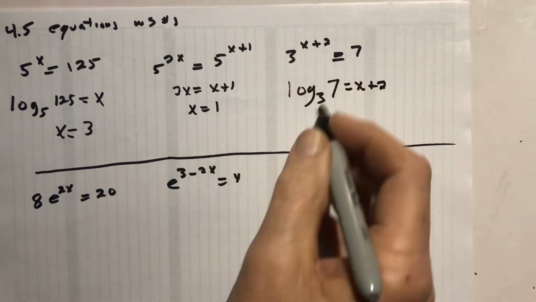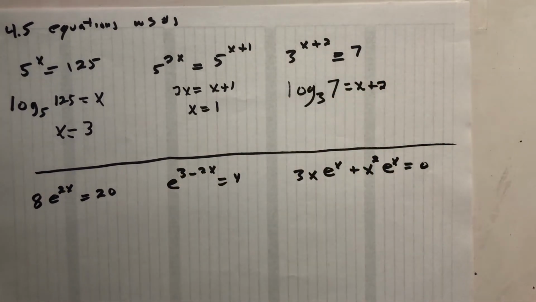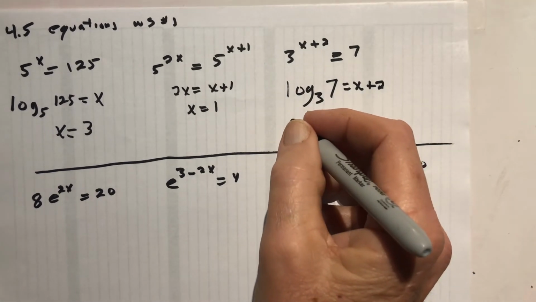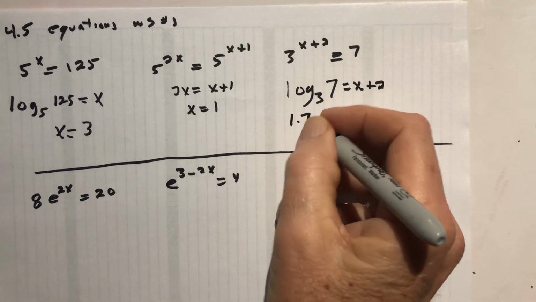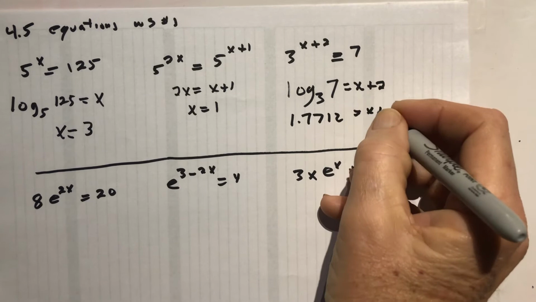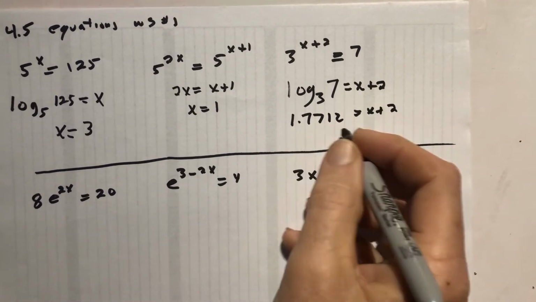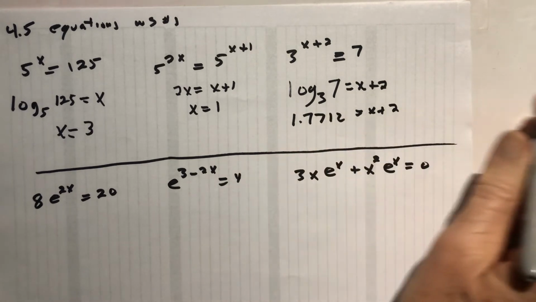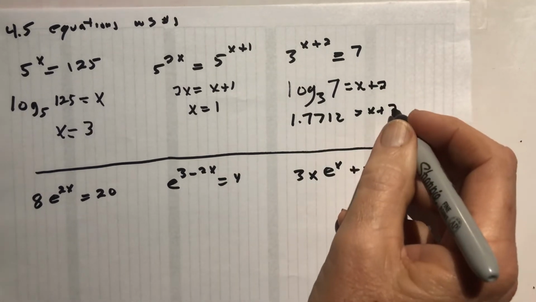Now do this on your calculator, but you don't have to write it on the paper. But I'm going to write it on the paper. And you will get 1.7712. Now you don't have to write this down, just leave it on your calculator. This is called an irrational because the decimals go forever. And then we're going to subtract 2.